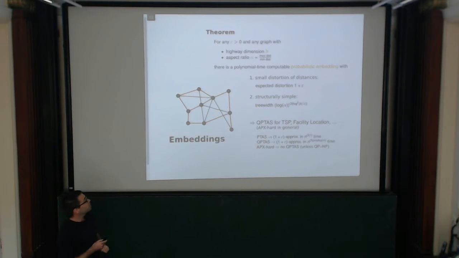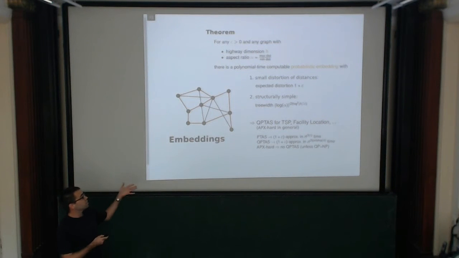Now, one comment at this stage is that you might be worried that the aspect ratio here might be exponential, right? We have weights on the edges. Which would mean that the tree width is polynomial, which of course is completely useless because the tree width is always at most n anyway.